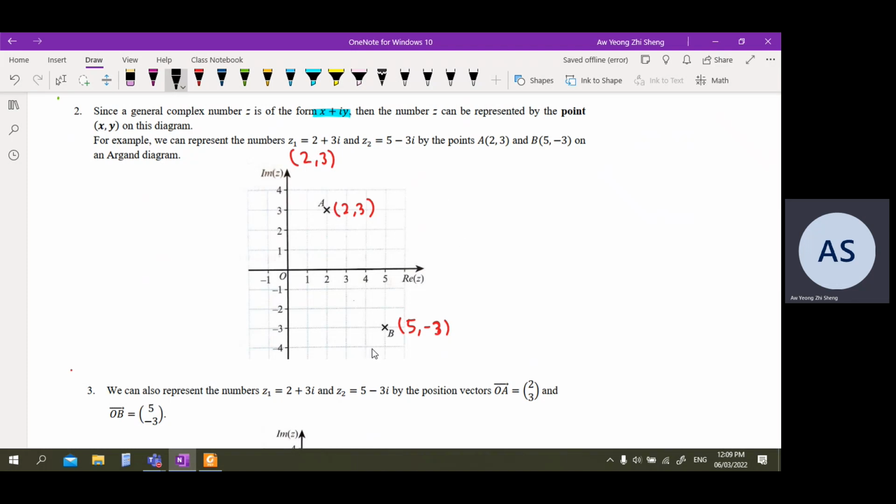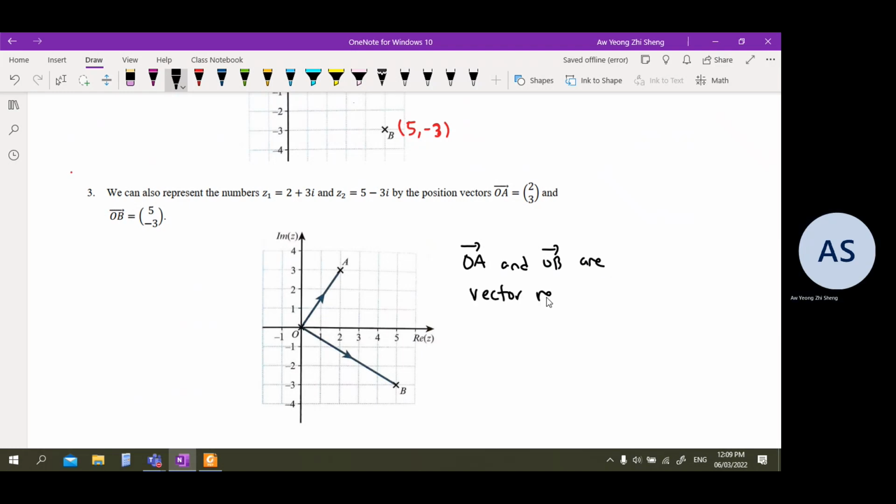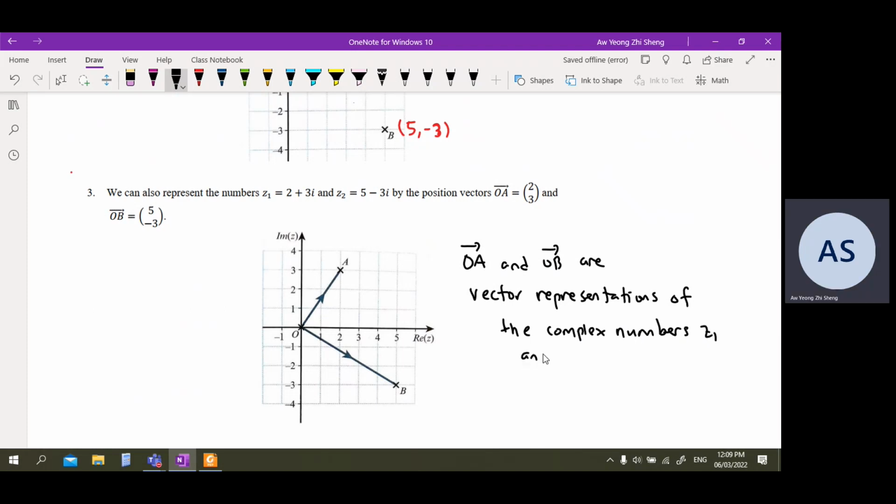Now in point number 3, they say, using the same points A and B just now, if you connect a vector from the origin to the point A and also from the origin to the point B, the vectors OA and OB are respectively the vector representation of the complex numbers z1 and z2 respectively.